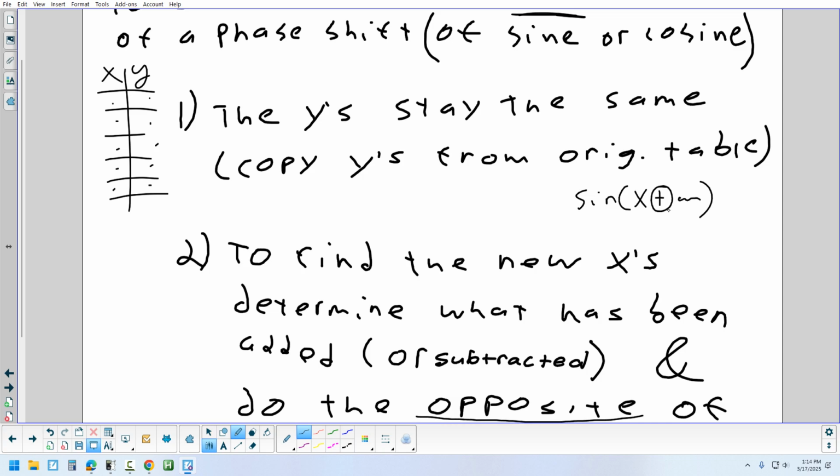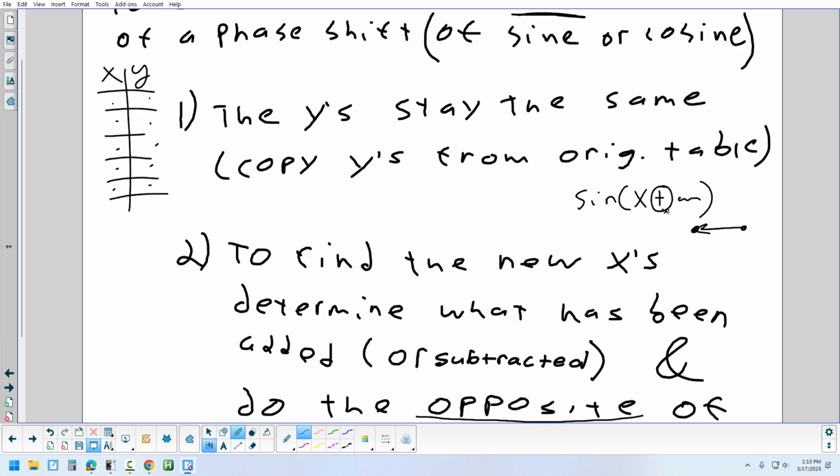Because if plus is going to move it to the left, the only way that I can take a point and move it to the left is if I make that point have a smaller x value. Right? I need to move it to the left. You need to subtract. That's the only way you can move something to the left. If you want to move something to the right, you need to add. Okay? This is not moving to the right. This is moving to the left. So you need to subtract.